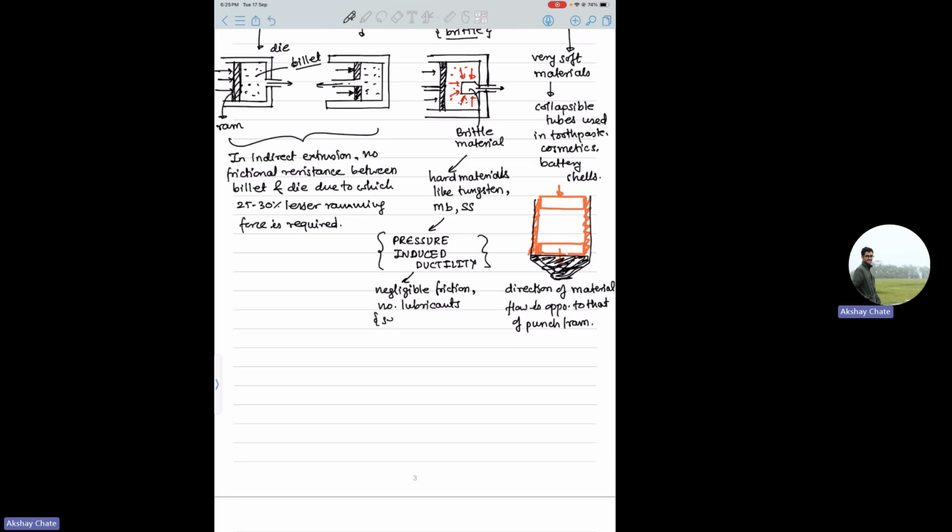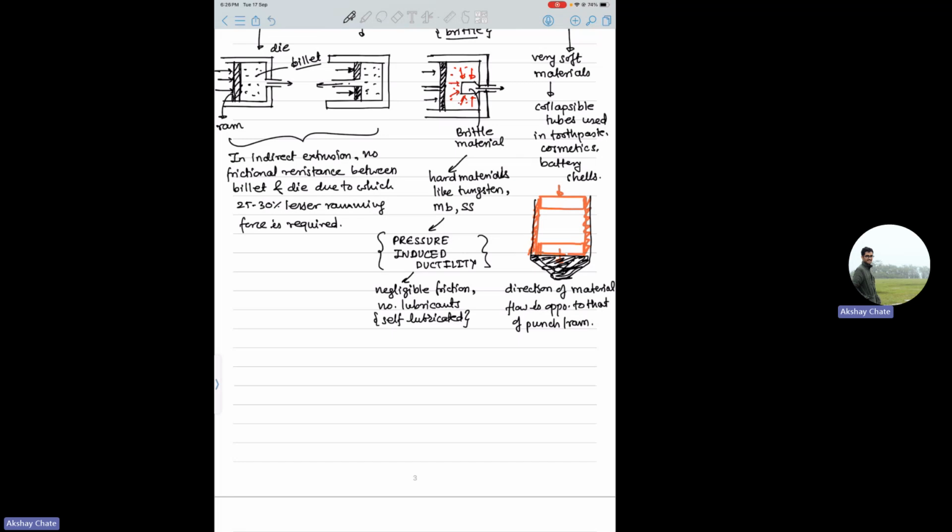So it is also called a self-lubricated method. In all other methods, you may need lubrication to reduce the frictional resistance between the die and the billet. But here it is self-lubricated. So this is the broader classification of these methods.